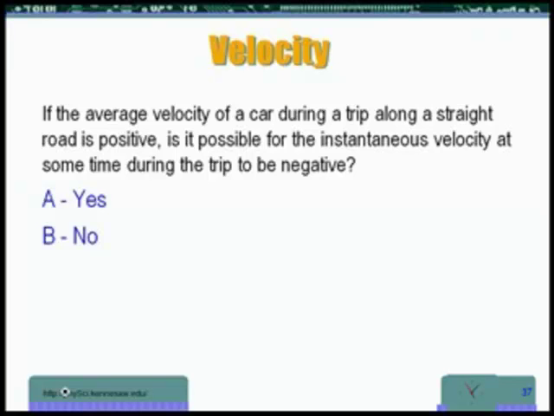In other words, is it possible that the overall velocity for a trip is positive, but then the velocity at some particular times is negative?